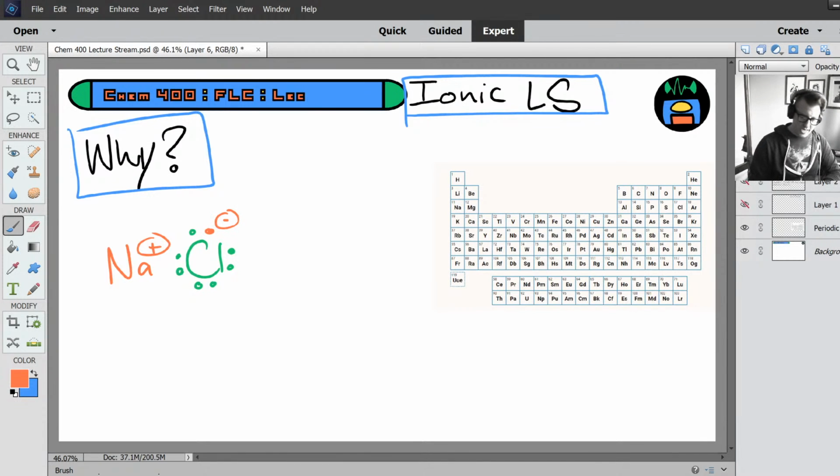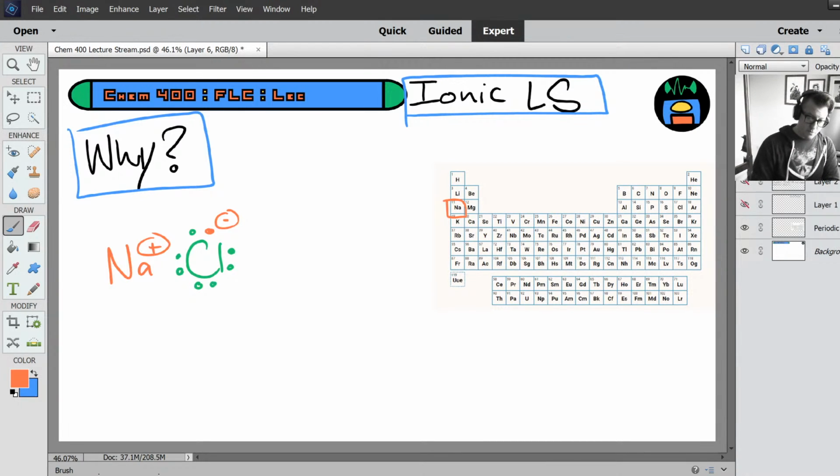The answer to why has to do with the noble gases, right? We know that the noble gases, that last column on the periodic table, are super stable.